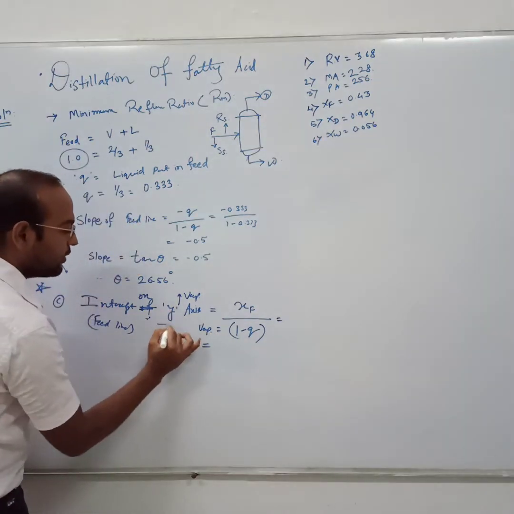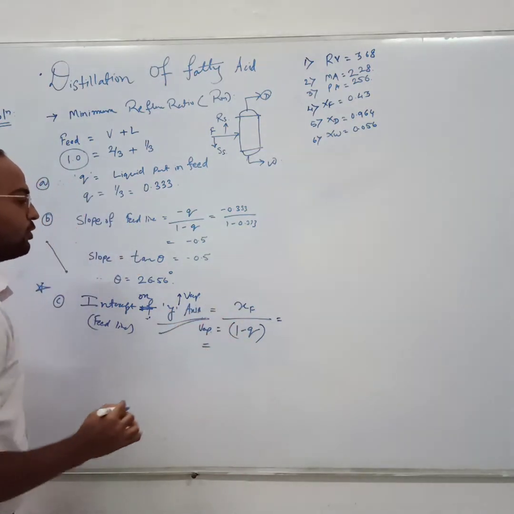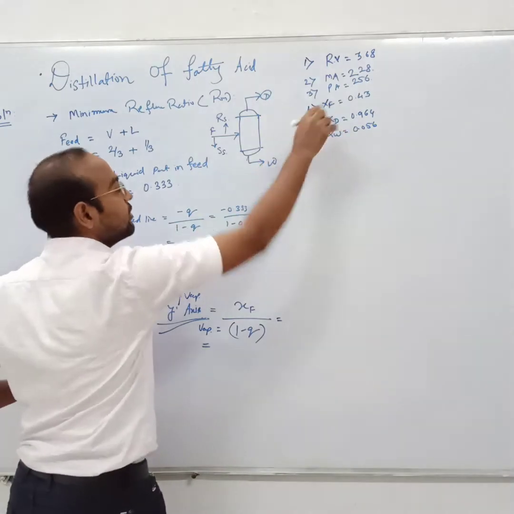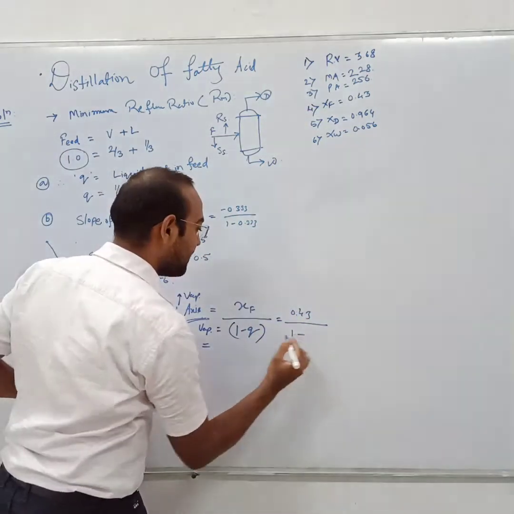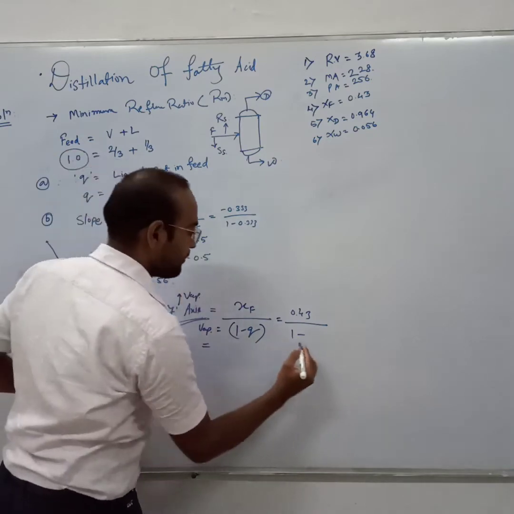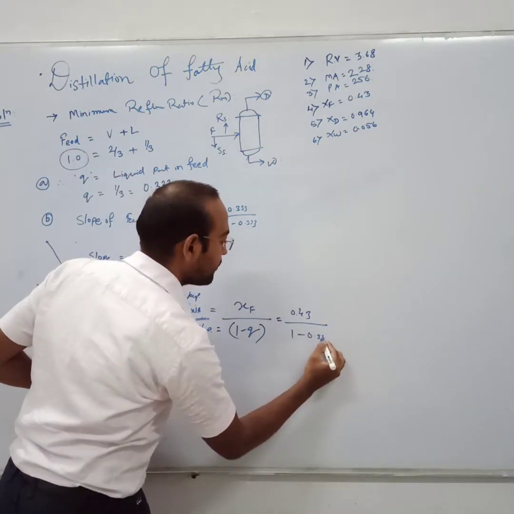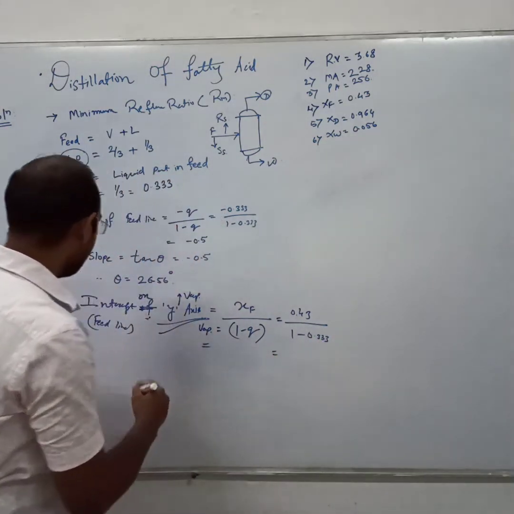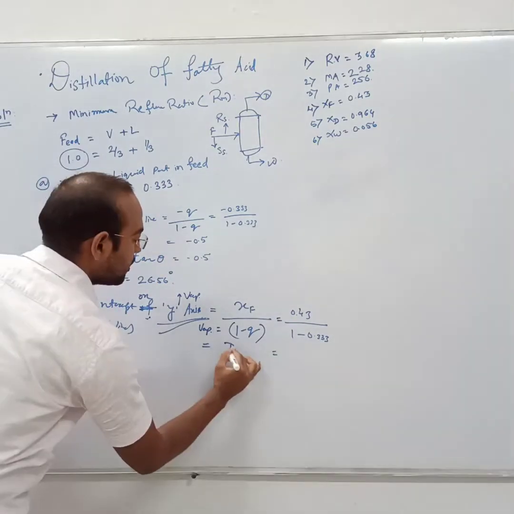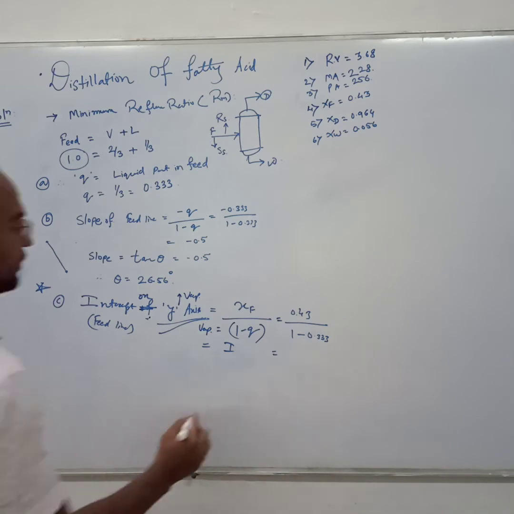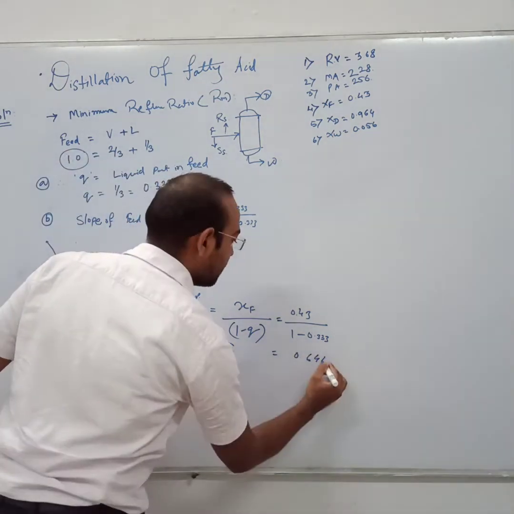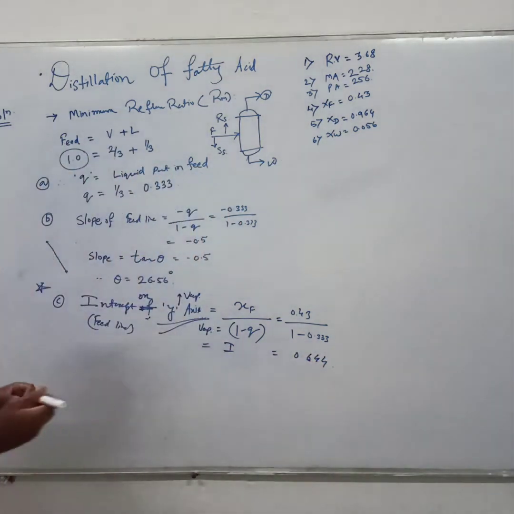So that's why we calculate it by XF upon 1 minus Q. XF is 0.43. We already have the value 0.43 upon 1 minus Q. Q is 0.333. Okay, and we are getting intercept denoted by capital I, 0.644. Value of intercept is 0.644.